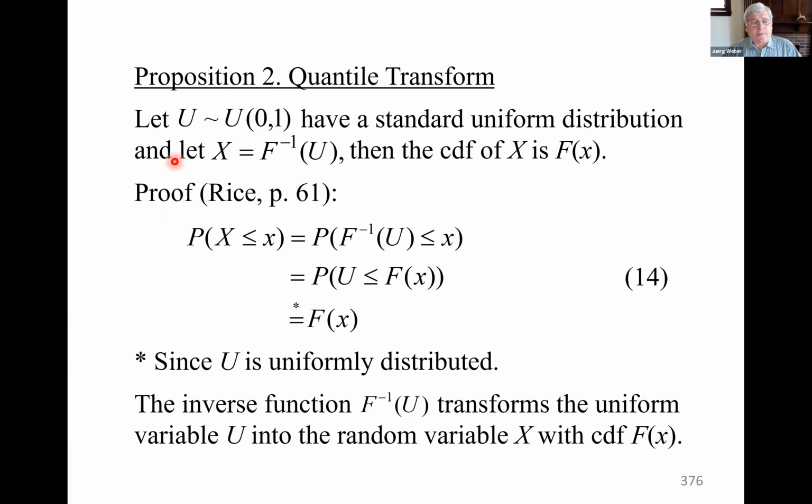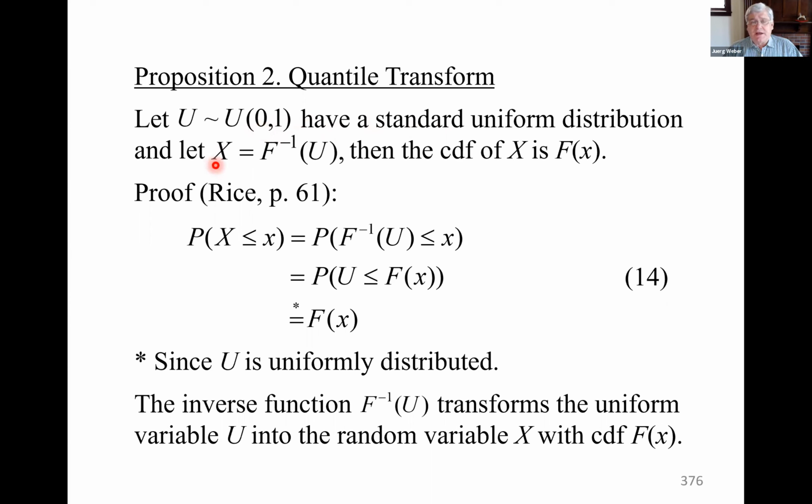Let the random variable U have the standard uniform distribution over the interval from 0 up to 1. Remember, that always gives you the interval over which the uniform distribution is defined. With a standard uniform distribution, it's just from 0 up to 1.